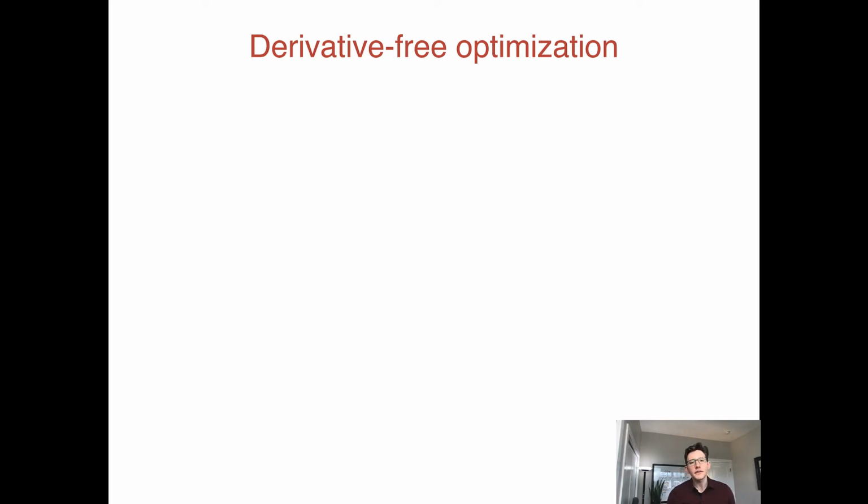Again, this most often comes up in the case where we want to figure out the best value of a hyperparameter for a model, for example, the regularization weight. And often we're trying to optimize this on a validation set.